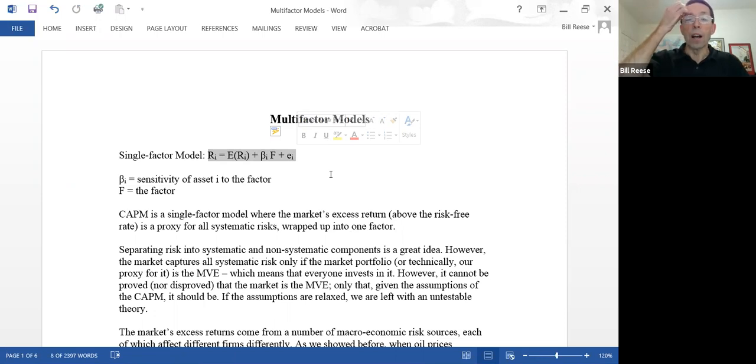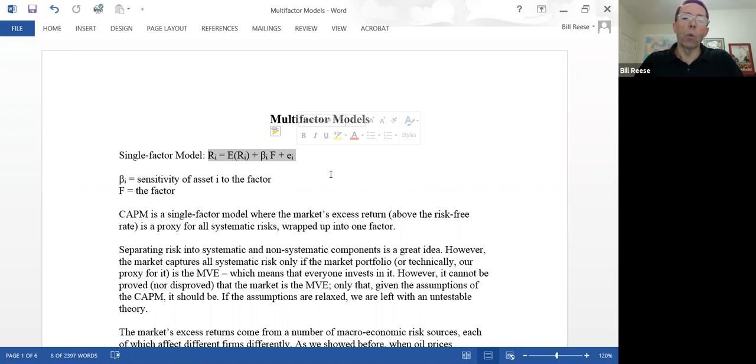Not an error term, but it's going to be the effect that is just going towards that particular stock, not a macro effect, but a firm specific effect.